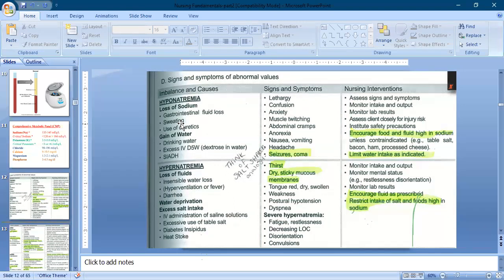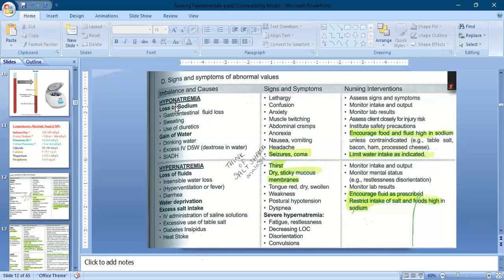Too much sweating is called skin loss, or hyperglycemia, a complication of diabetes, or heart failure, right? So all of them lead to hyponatremia.